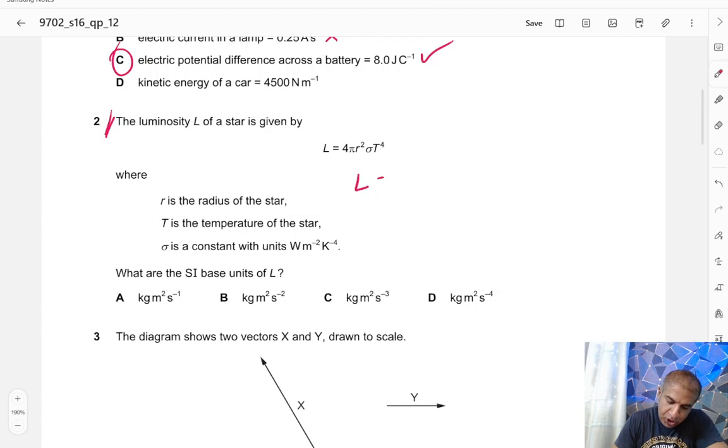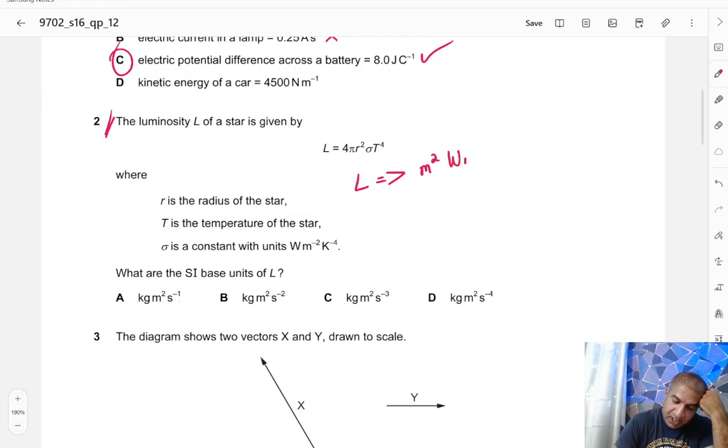So L should be equal to a constant. We are just going to ignore the constants 4 pi, because they do not have any units. But we are not going to ignore sigma, which is also a constant, because it has its units. Radius should be meter square.